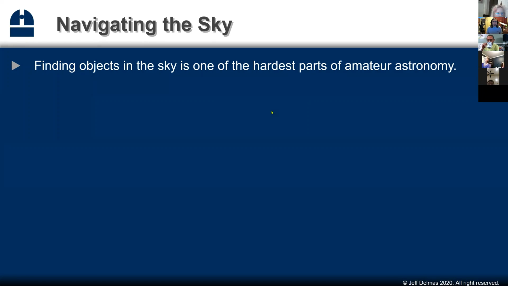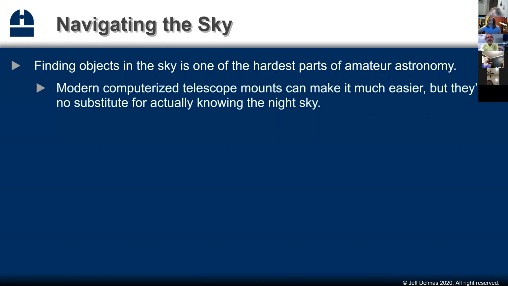So finding objects is really perhaps the hardest part of amateur astronomy. Now, you can get a lot of help from modern computerized telescope mounts, but they're really no substitute for actually knowing the sky yourself.